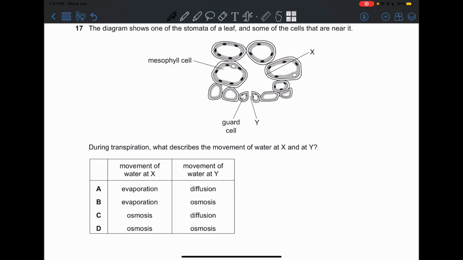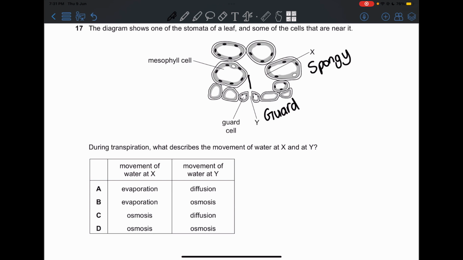17. During transpiration, what describes the movement of water at X and at Y? Now we know that at X, this is actually the spongy mesophyll cell, and at Y this is the guard cell and stomata over here in the middle. So this is the stomata, this space. So we know that at X, transpiration occurs because there is evaporation of the water layer on the spongy mesophyll.